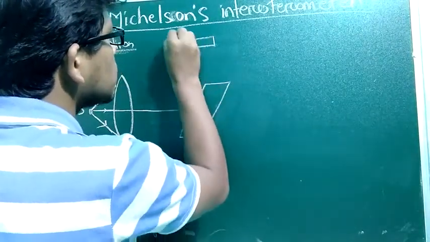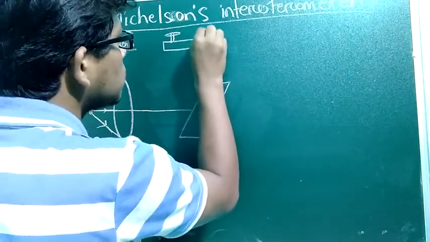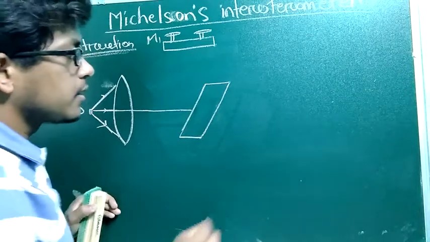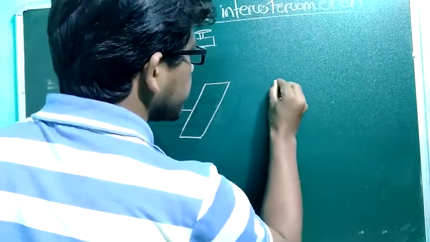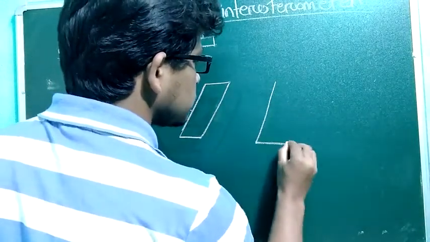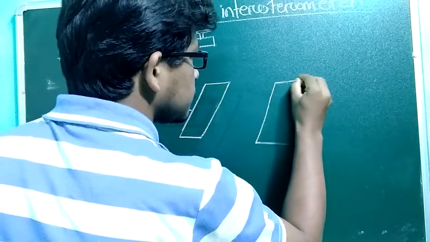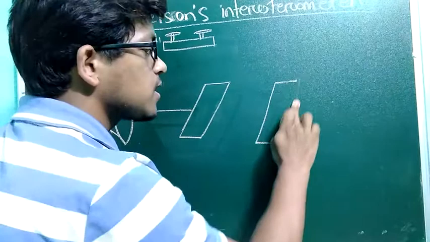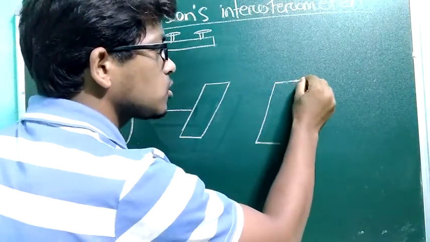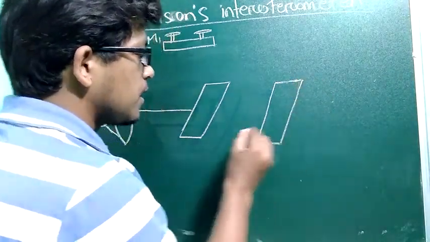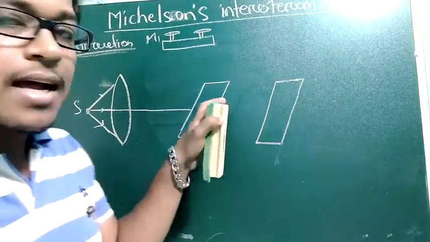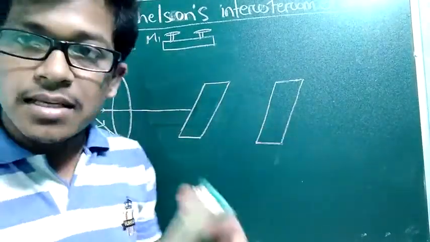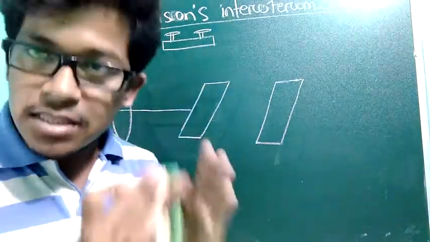Then he took one mirror here. This is the first mirror he took, with two knobs for adjustment. This is the mirror M1, and he took one more glass here, and the refractive indices of these two glasses are the same. The thickness of these two glasses is also the same. The backside of the first glass is semi-silvered, but the second glass is pure glass, no side is silver.